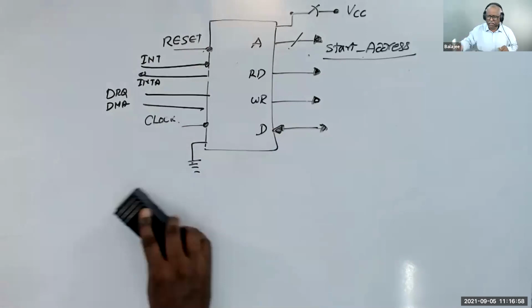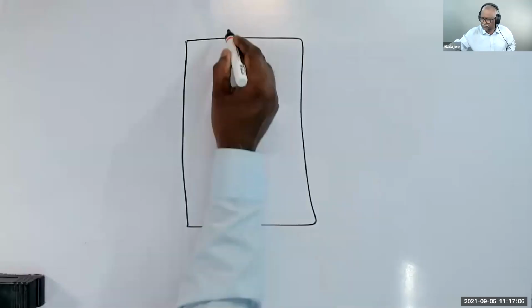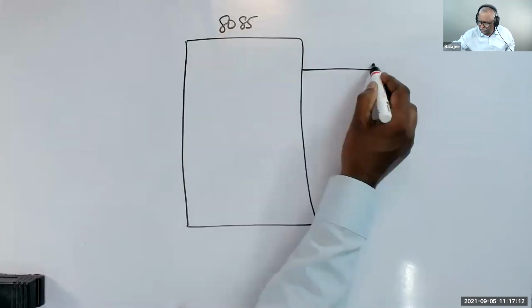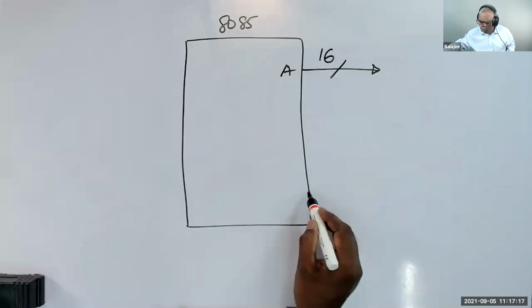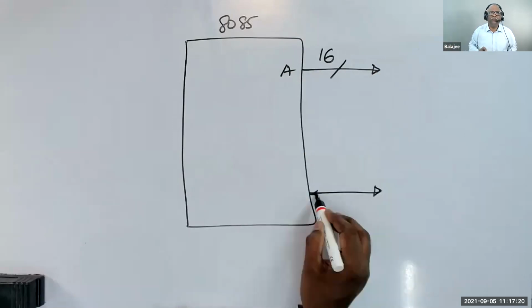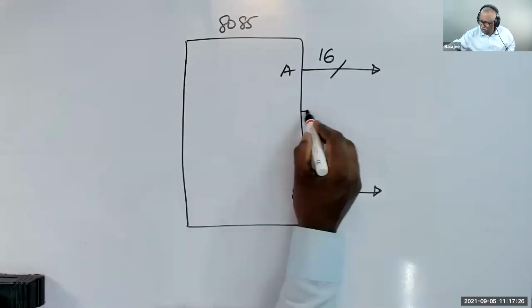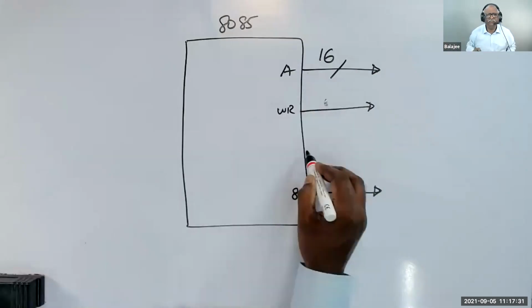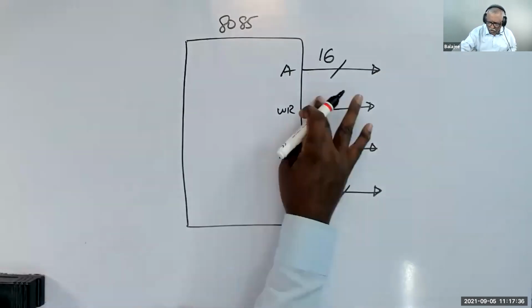Okay, the 8085 has 16 address lines. How many address lines? 16 address lines. And it has 8 data lines. Then it has a signal called write, a signal called read, and a signal called clock.